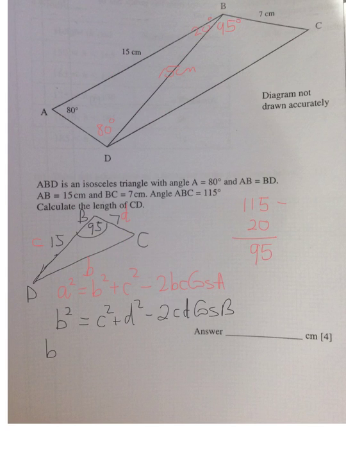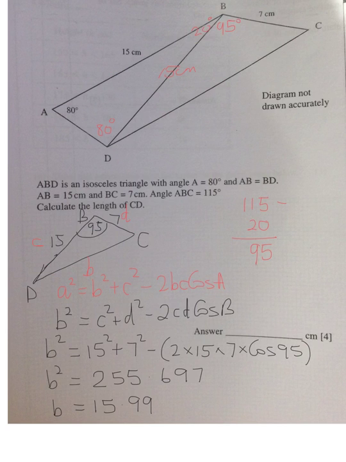So b is what we're trying to find, so b squared is equal to 15 squared plus 7 squared minus, open brackets, 2 times 15 times 7 times cos of the angle B, which is 95. Then we can plug that information into our calculator to get our answer.